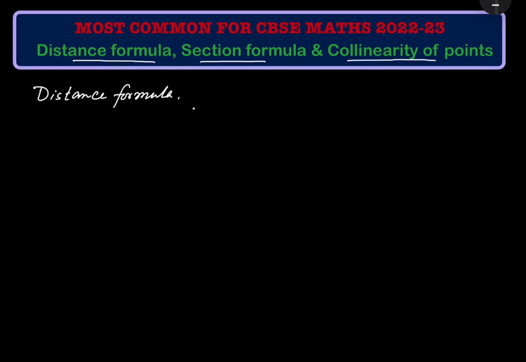Suppose A is a point whose coordinate is x1, y1, and B is another point whose coordinate is x2, y2. Then the line joining these 2 points is AB.